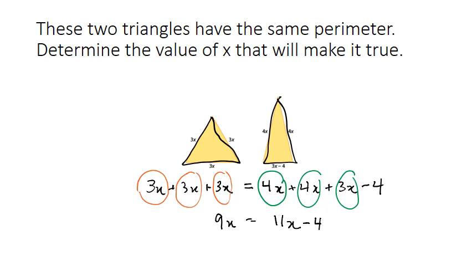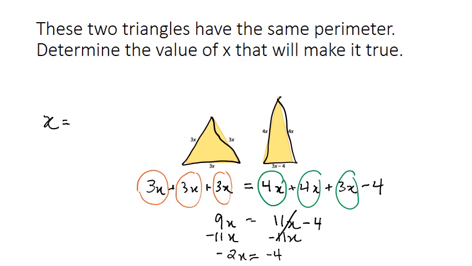All right, now we have x's on both sides of our equation. And in order to be able to solve this, we need to have the x's on the same side. So we can isolate the x and get it by itself. So what I'm going to do is subtract 11x from both sides so that I end up with, on this side, 9 minus 11 is negative 2x is equal to negative 4.